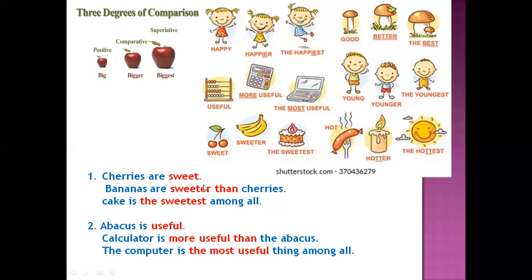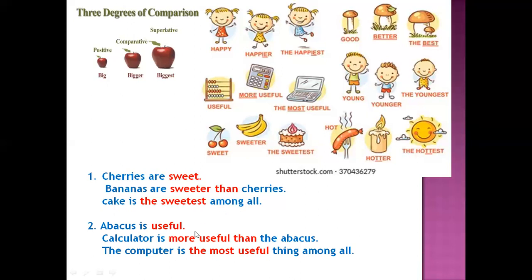I told you here we have to add er in the comparative form and est in the superlative form. But children, if an adjective has more than one syllable, what happened? We are not following that rule. Instead, we have to use this extra word more. And in the superlative form also, we have to use the word most.